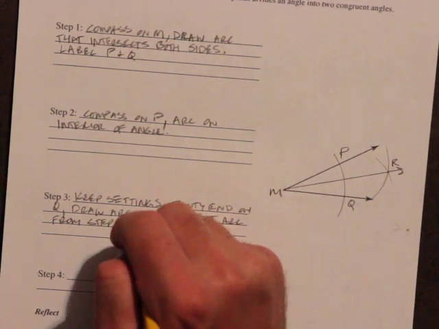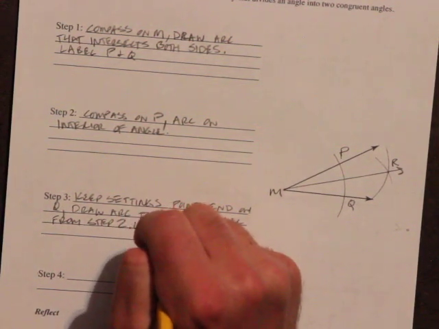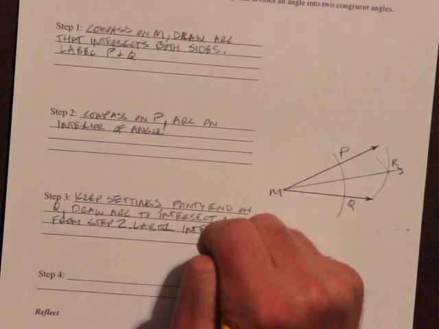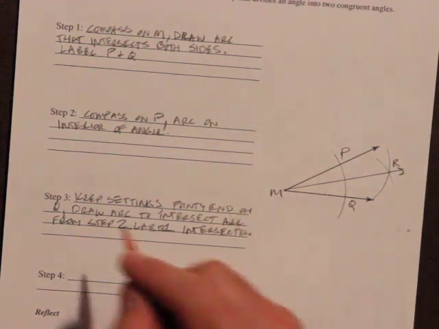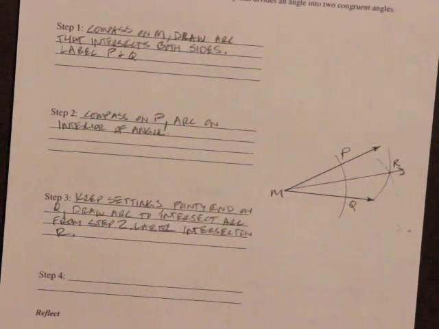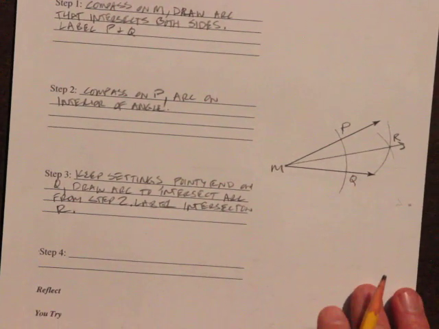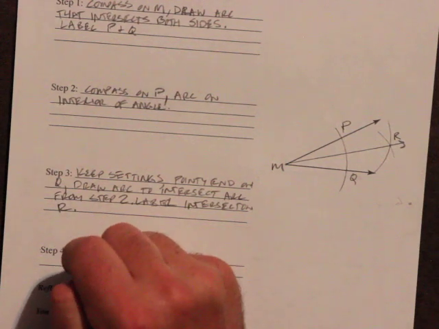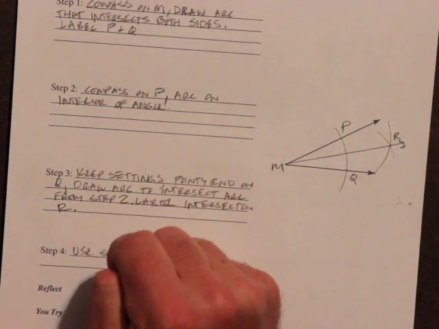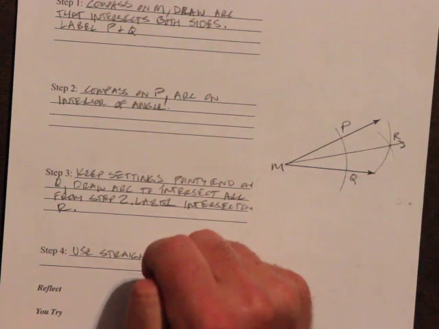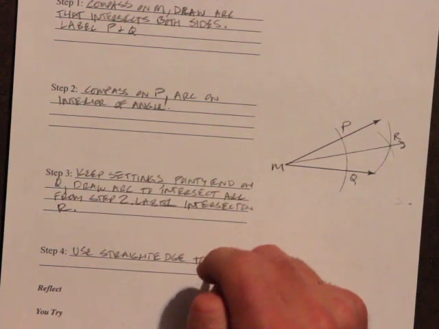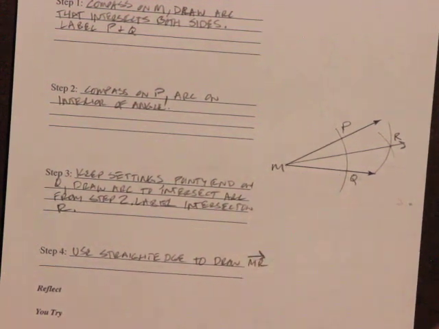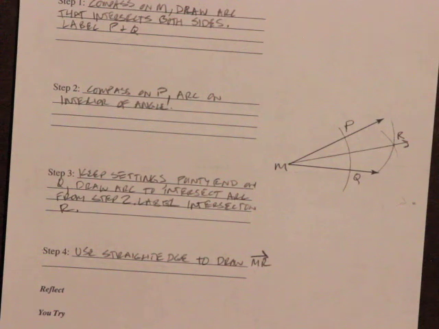Label intersection R. Then the last step, we just use a straight edge to draw MR. Ray MR. That's it. That's all we did.